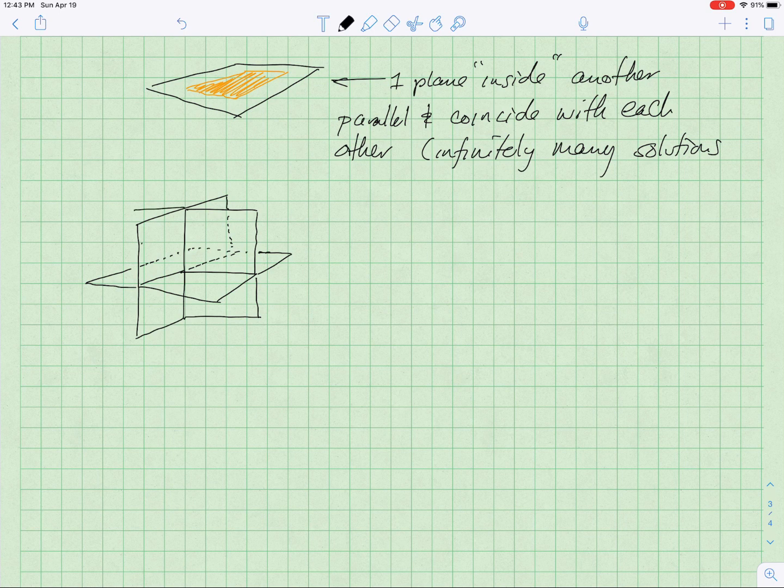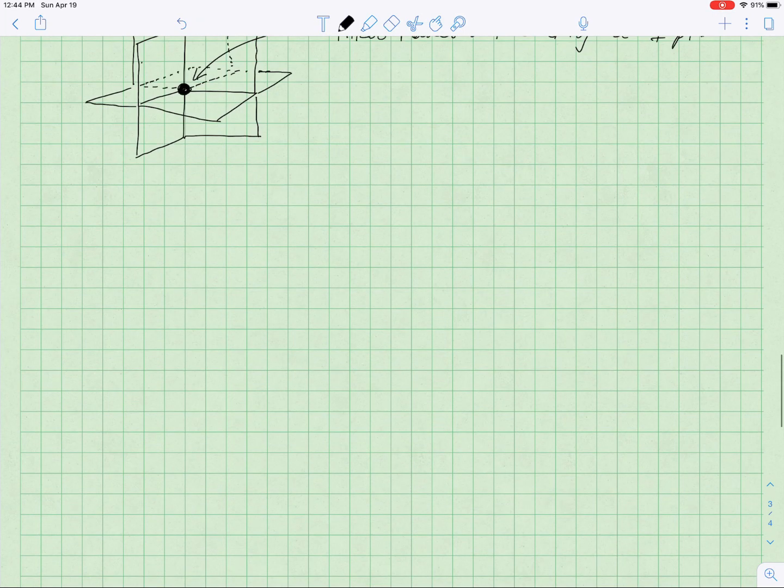I left something out. Maybe this guy. So, that drawing is getting better. Any two planes intersect in multiple spots, but this is one single location that all three planes have in common. So this is three planes intersecting at one point.